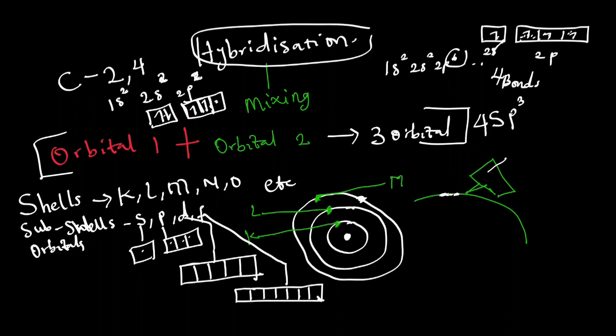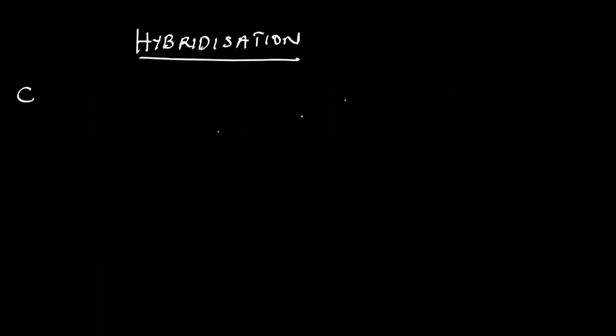Just for recap, carbon has 6 electrons, right? And after it undergoes hybridization, it forms 4 sp3. But you should note, this is not always the case.